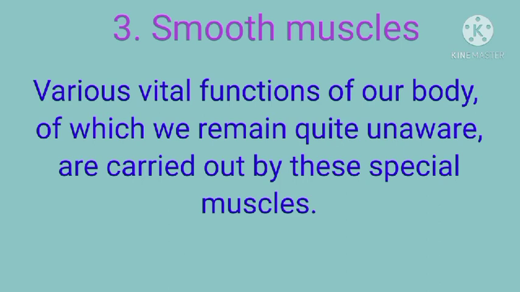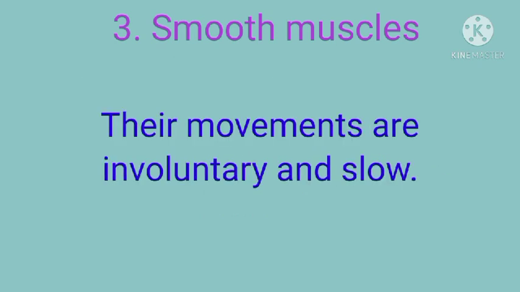We are unaware of the working of the organs made up of smooth muscle. Can you feel the working of the kidney in your body, or the working of the intestine? No, because we are unaware of the working of smooth muscle. Their movements are involuntary and very slow.